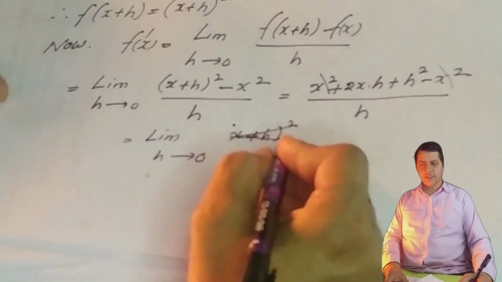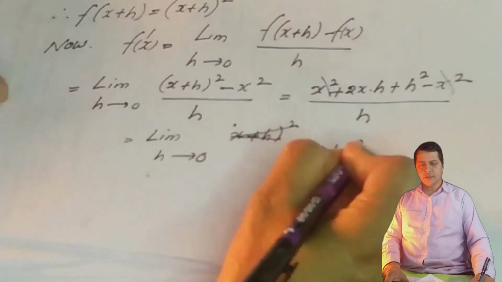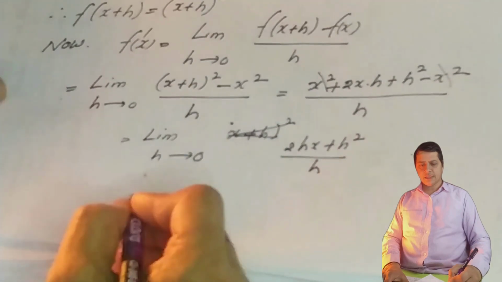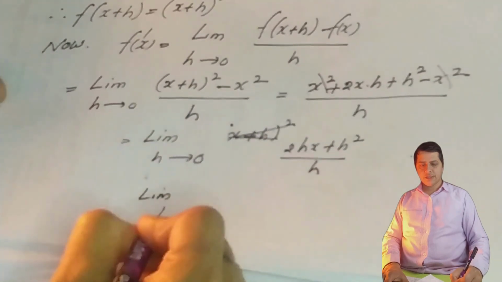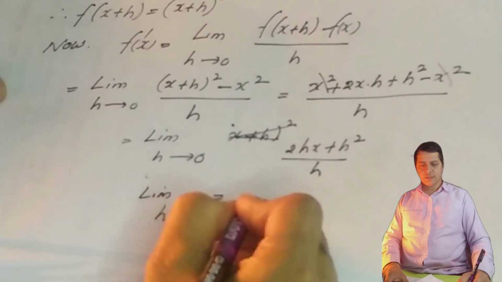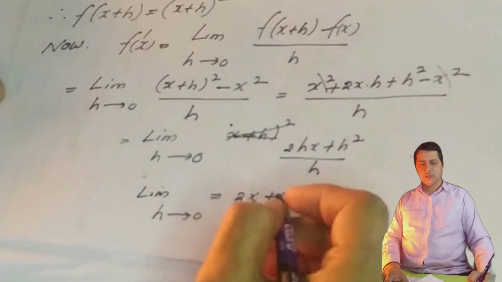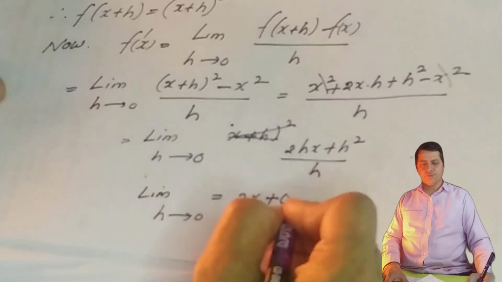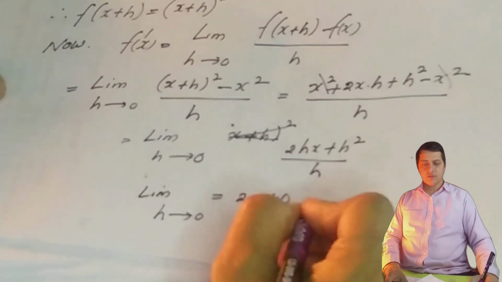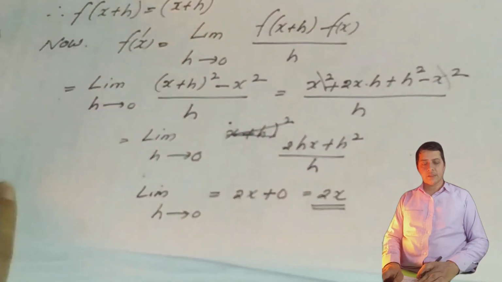Now we just see what we get: 2hx plus h square, all by h, and that is limit h tends to 0, which is equal to 2x plus 0, so we get 2x. Obviously the answer is 2x.